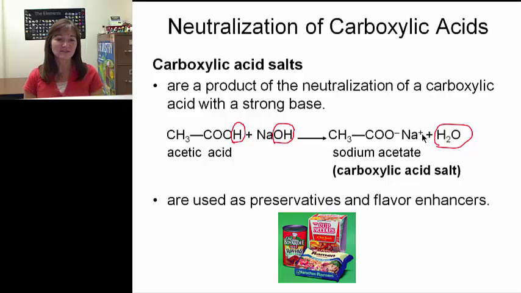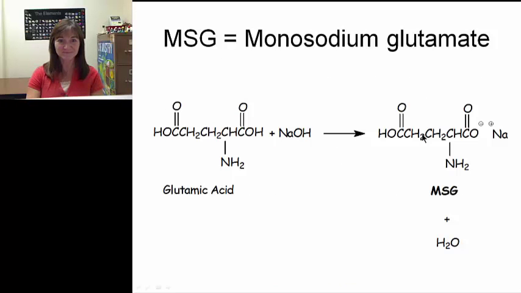Carboxylic acid salts are used as preservatives and flavor enhancers. Here's an example of that. Monosodium glutamate, which is more commonly known as MSG, is often used as a flavor enhancer. If we look at that, what's happening is you start with glutamic acid, and glutamic acid actually has 2 carboxyl groups, but one of them will react with the base.